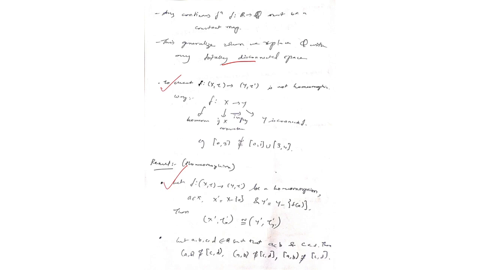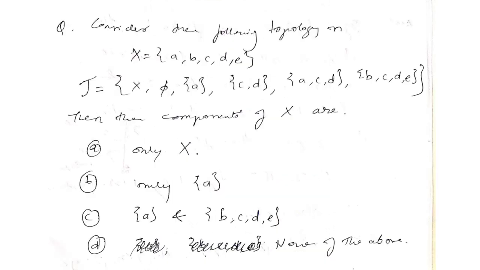So the first question is, try this: consider the following topology on the set X given by {A, B, C, D, E}. The topology is given by the sets X, empty set, singleton {A}, the set {C, D}, the set {A, C, D}, and the set {B, C, D, E}.